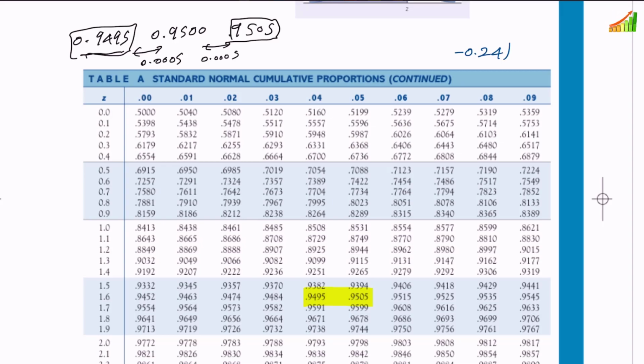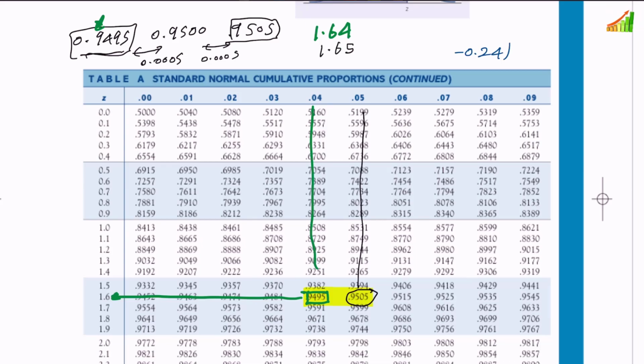In this case, how do we find the z value? We find the z value of each of these numbers. For 0.9495, the z value is 1.64. Then the next z value, for the other one, is 1.65.